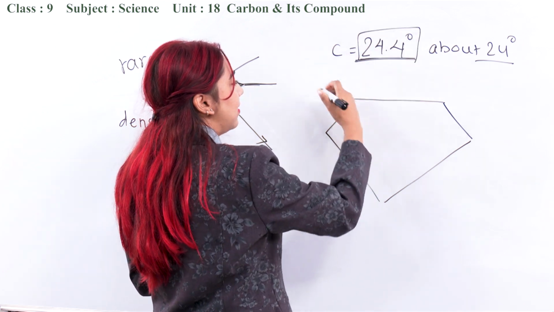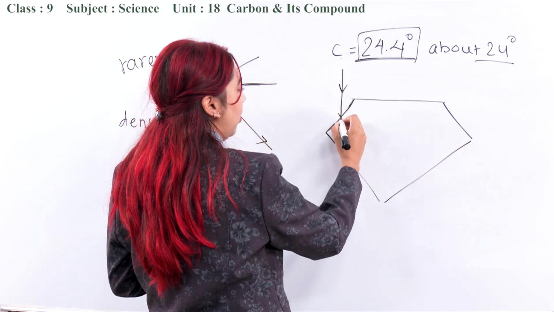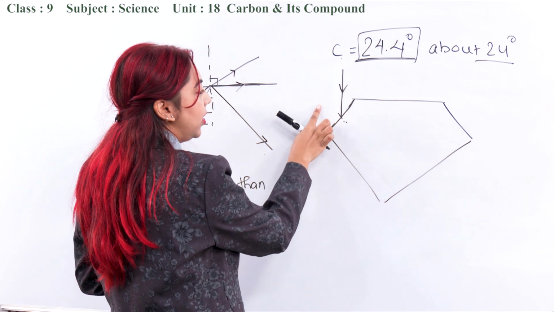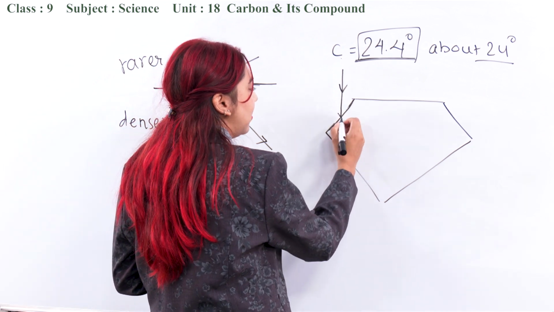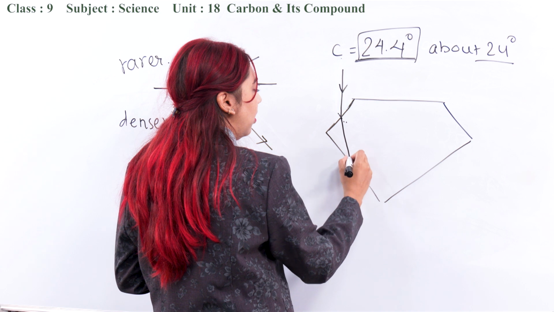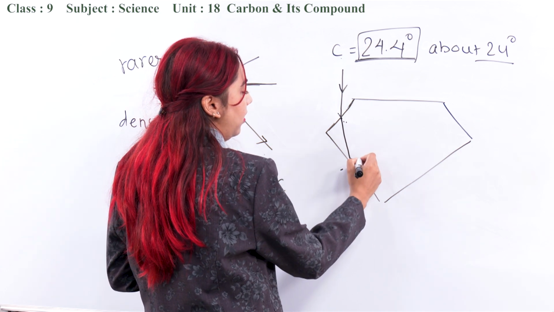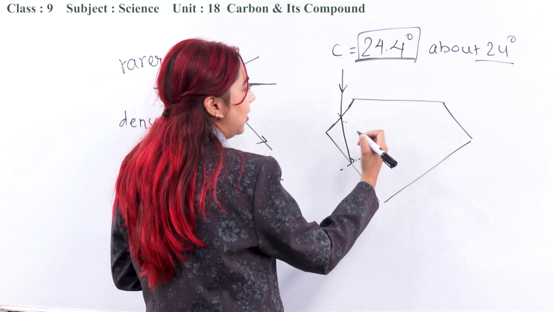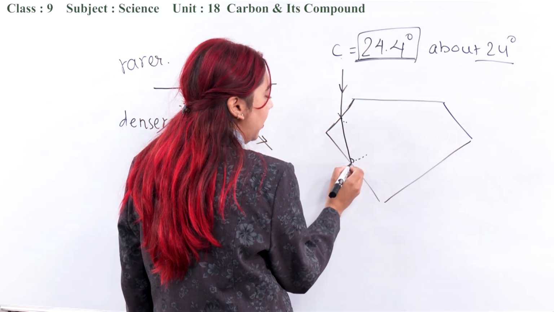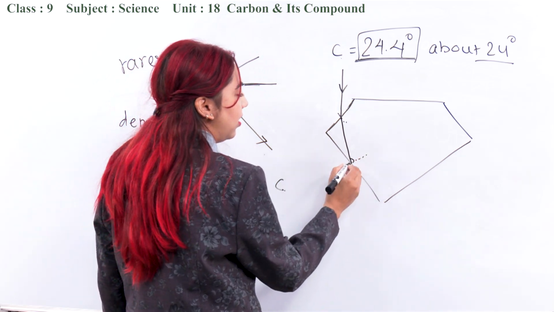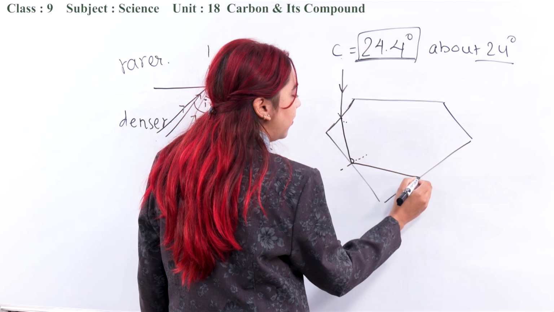So, when light is incident in diamond, what happens? This is the rarer medium, this is the denser medium, so it bends towards the normal. Now, this angle is greater than the critical angle, that is greater than 24, so total internal reflection occurs. It reflects over here.